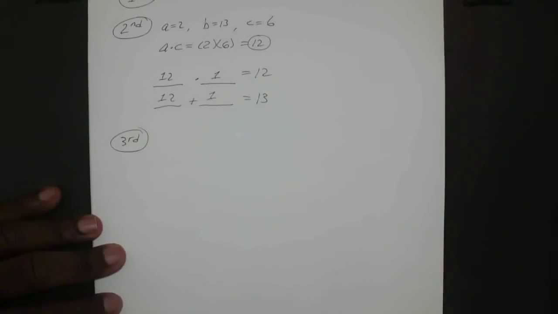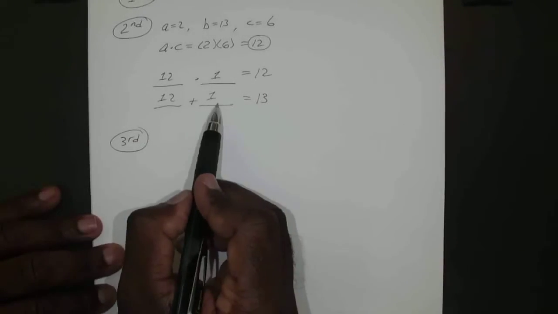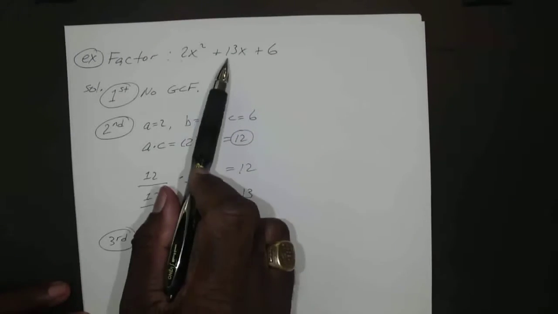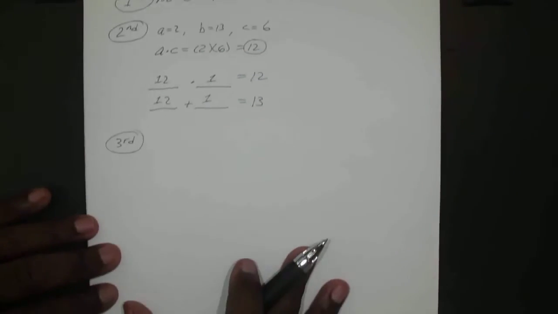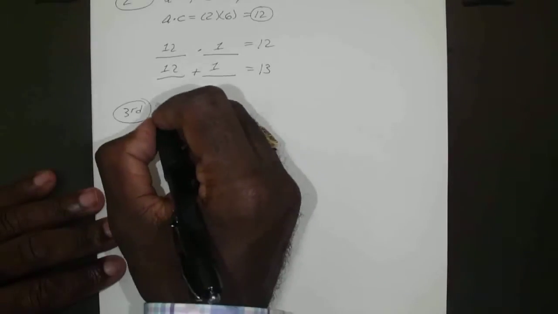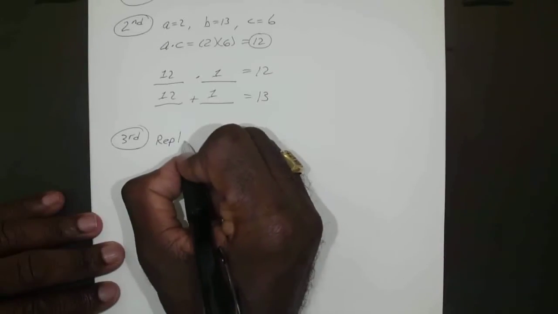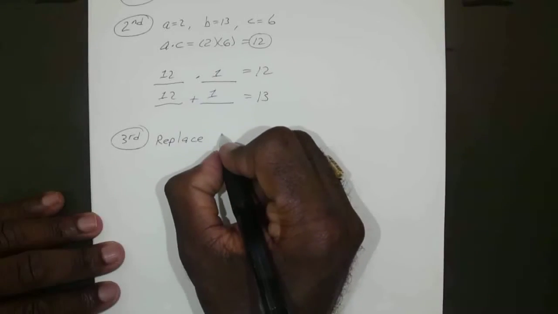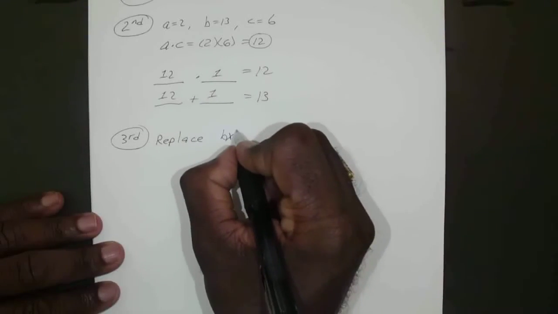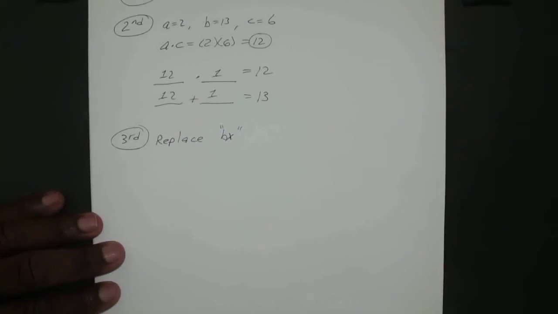Okay. So your third step, you're going to take those two numbers and replace the 13x. Okay, so replace your bx.